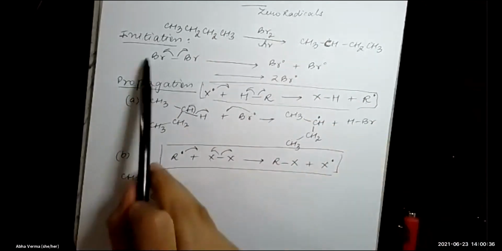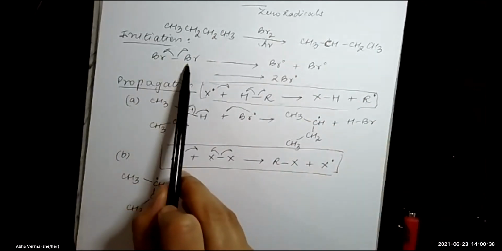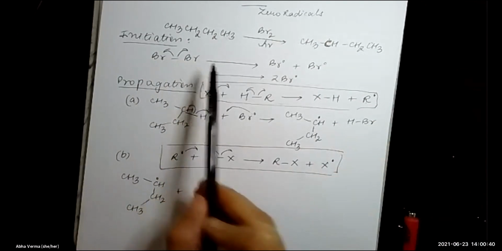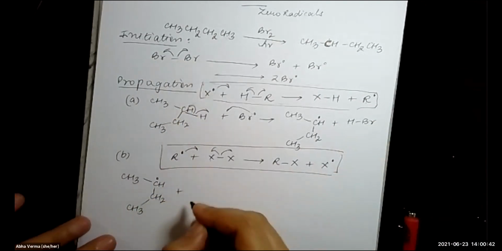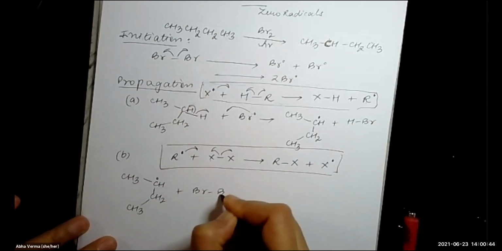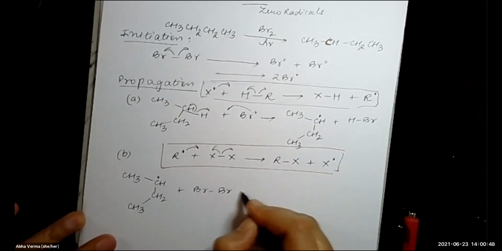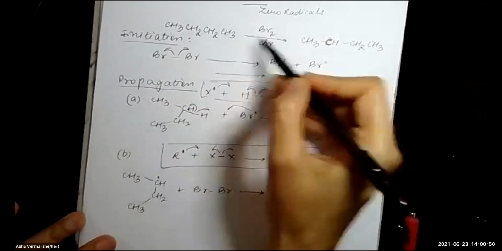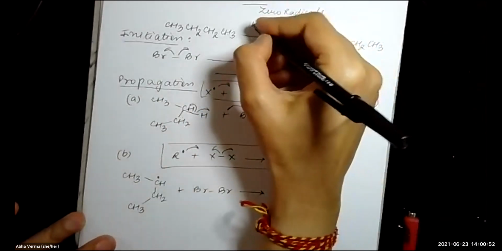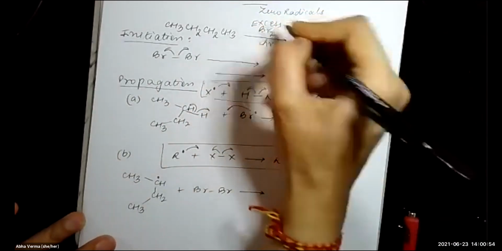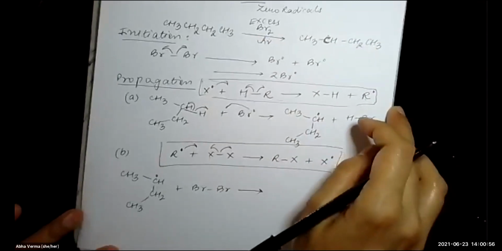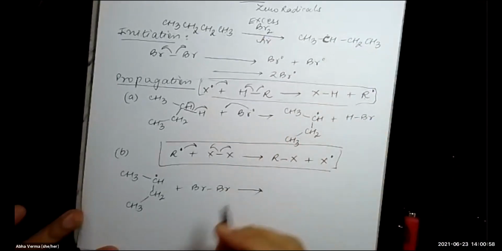So we have already consumed one bromine molecule. We will now be using another bromine molecule. Whenever you do alkane halogenation, we usually take our halogen in excess so that we can get a good product.